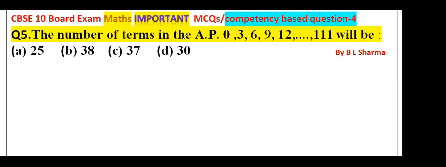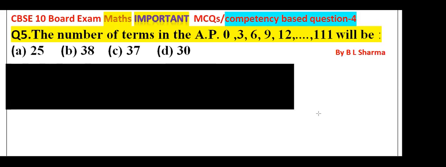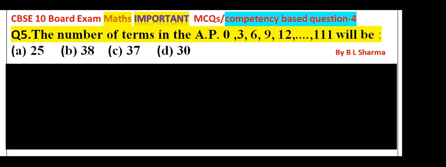The number of terms in the AP 0, 3, 6, 9, 12, and the last term is 111. How many terms will be there in this, or which term will be 111? The question is this.